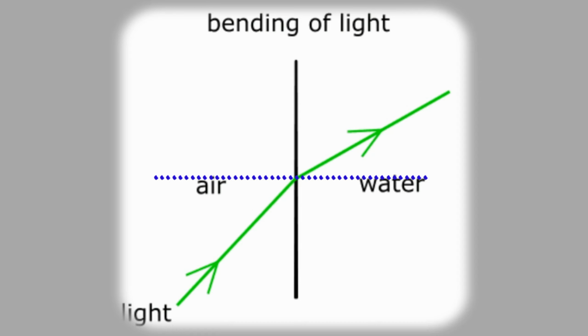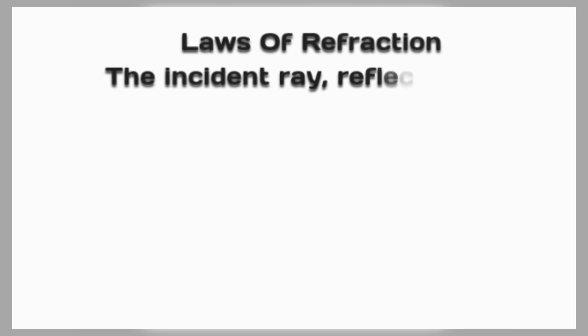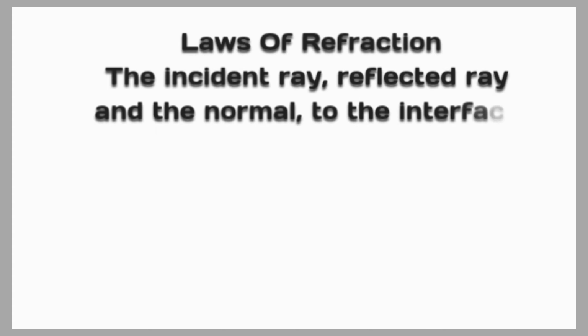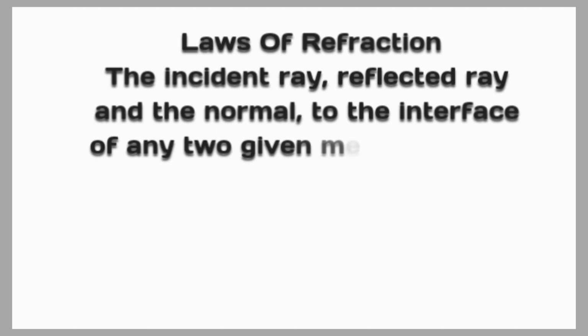So we have the incident light ray, and after refraction we obtain the refracted light ray, and at the point of incidence we can draw a normal line. In every situation where refraction takes place, the incident light ray, refracted light ray and the normal line always lie in the same plane. That is the first point of the laws of refraction.